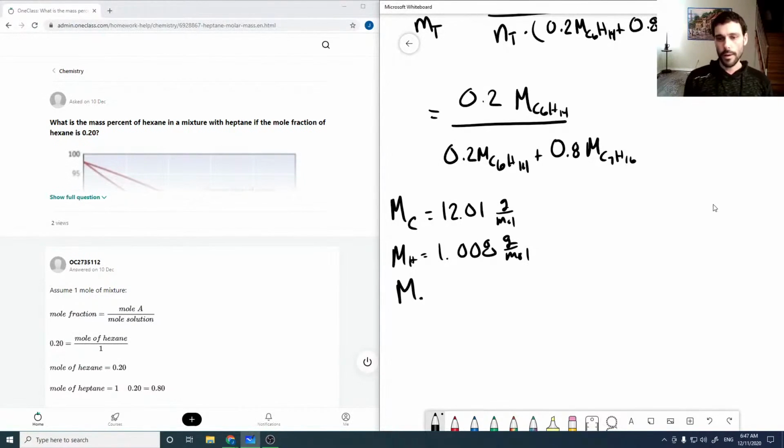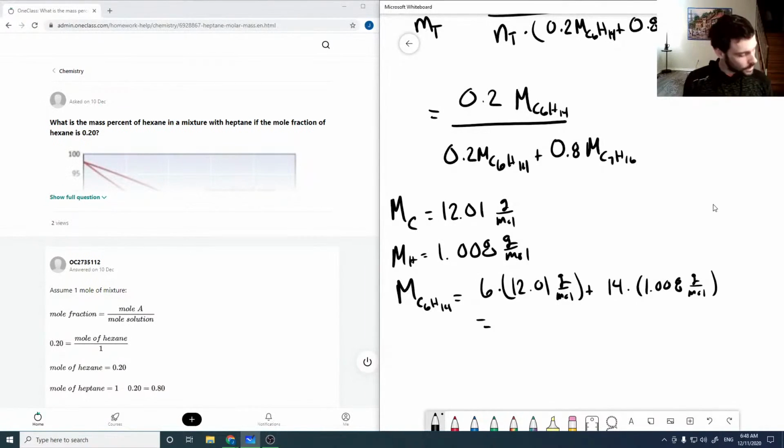So our molar mass for hexane is 6 times 12.01 plus 14 times 1.008, which is 86.172 grams per mole.